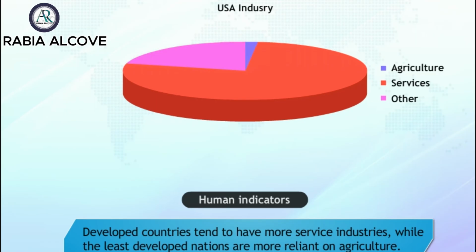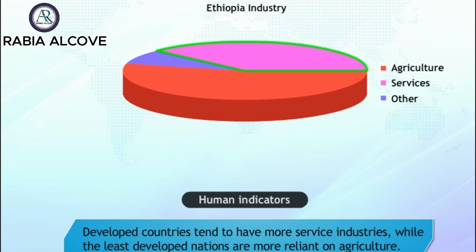On the other hand, in Ethiopia, a developing country in Africa, agriculture accounts for almost half of its GDP, service industries 43%, and manufacturing, mining, construction, and energy production account for 15.6% of its GDP.